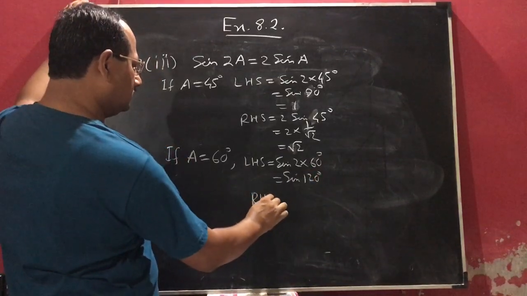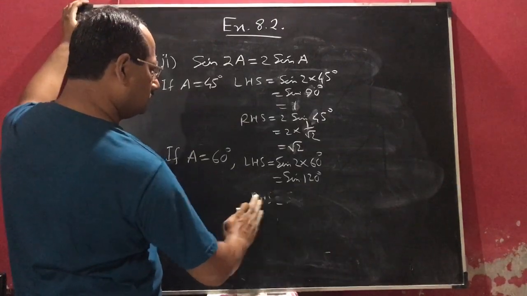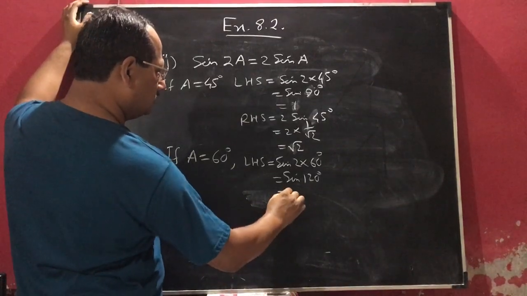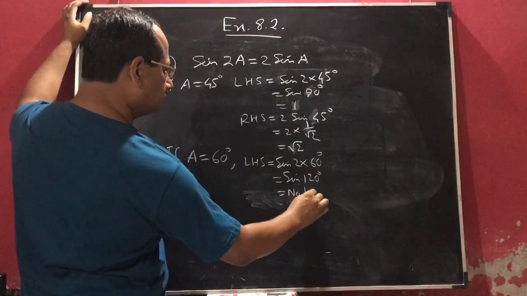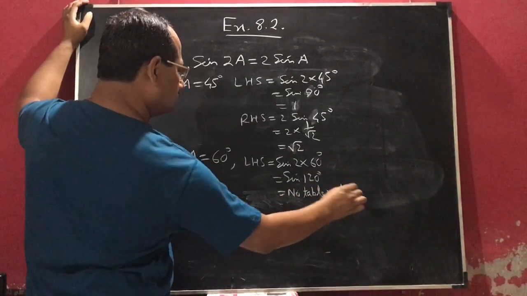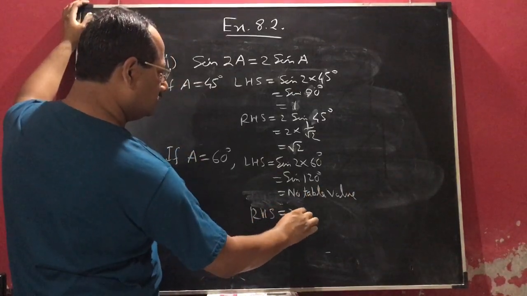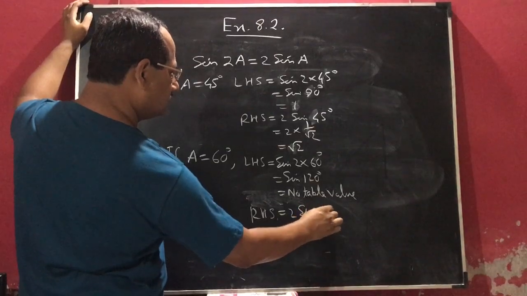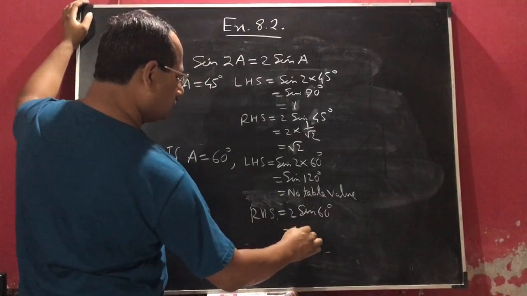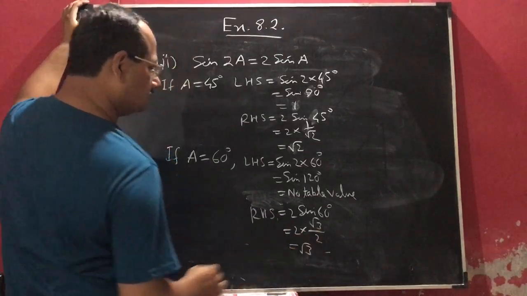And right hand side is 2 into sine of 60, 2 into root 3 by 2, that is equal to root 3.